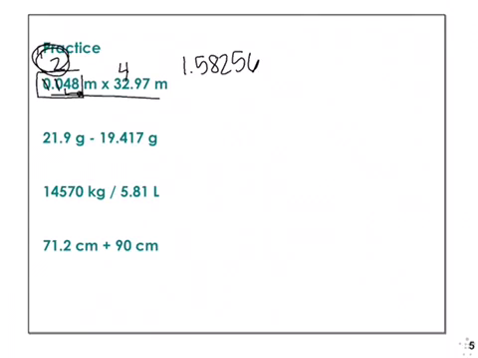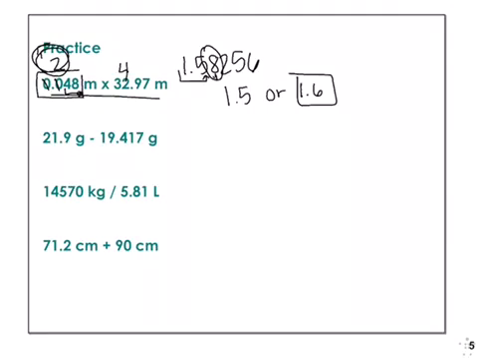Two sig figs. So start at the 1 and then go to the 5. That would be 2 places, right? So is your answer going to be 1.5 or is it going to be 1.6? What is it? 1.6. 1.6 because of this 8. 8 makes it round up to 6.